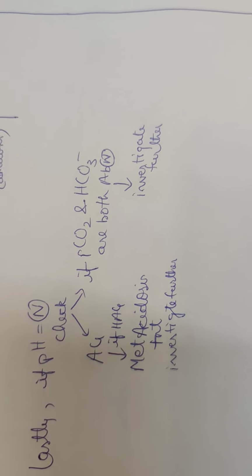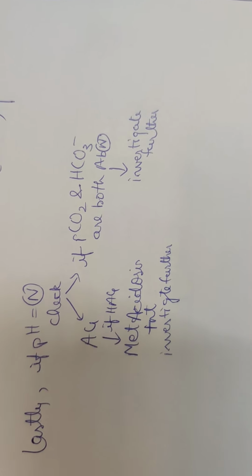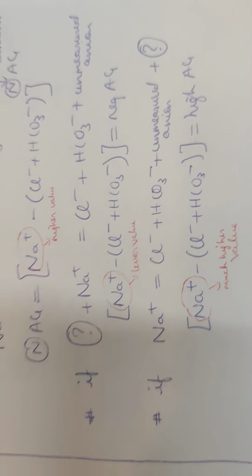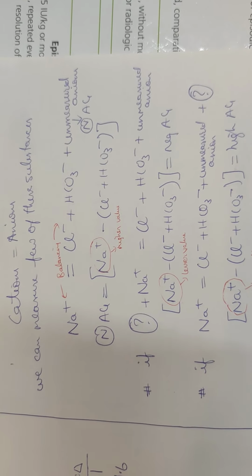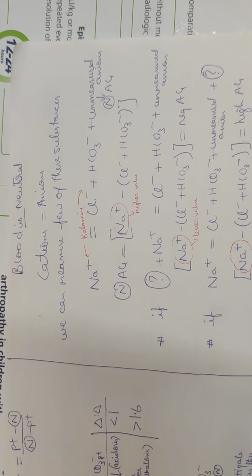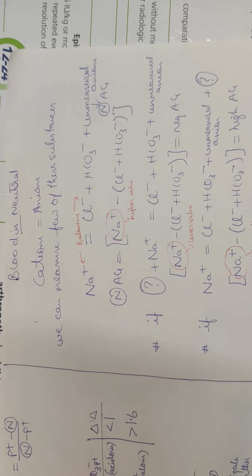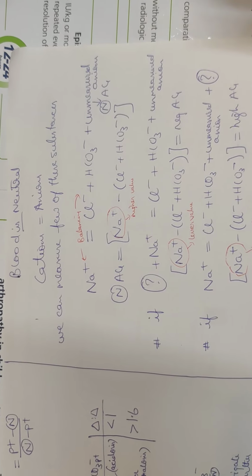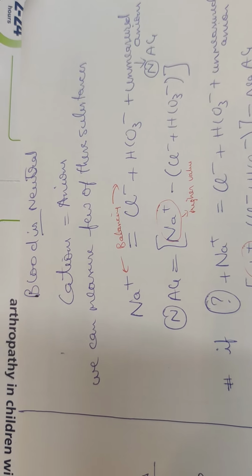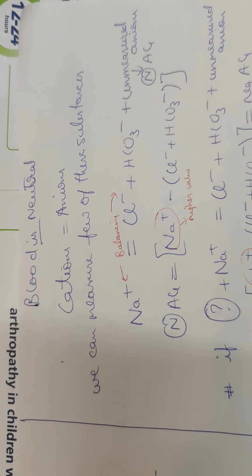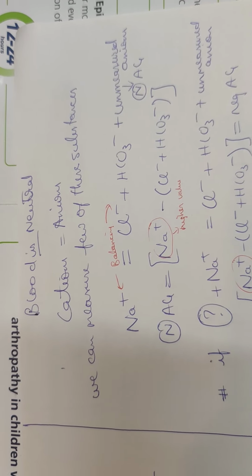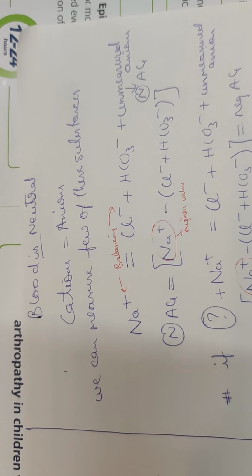Okay, now about anion gap, I'll just quickly describe what the anion gap is. Usually the blood is neutral and the cations in the blood are equal to the anions. We can measure only a few of these substances. We can measure sodium, chloride and bicarbonate. For the rest, it was found that there was something else.